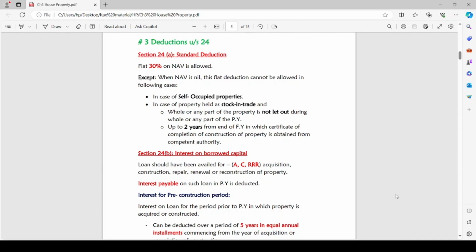From the end of such financial year up to 2 years, the assessee can claim NAV as nil, if the property is held as stock in trade and it is not let out during the whole or any part of the previous year. I hope it is clear for you.